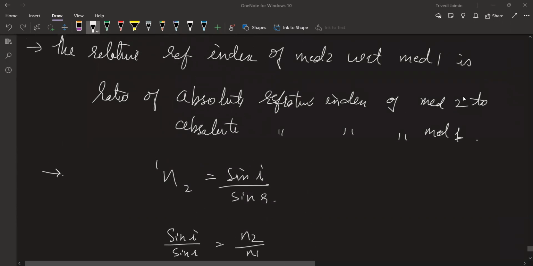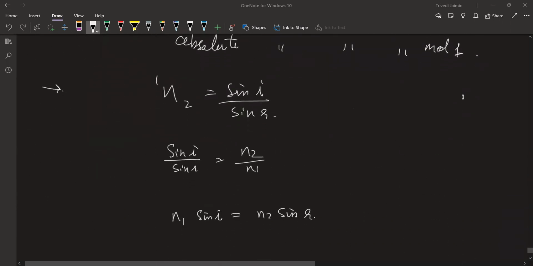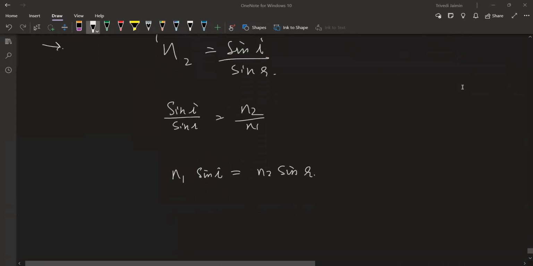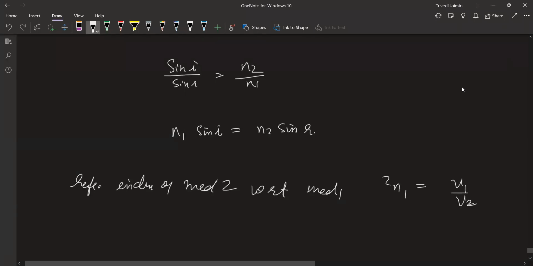So what were we writing? N1 sin I by sin R. So we wrote N1 sin I equals N2 sin R. So that means what? Refractive index of medium 2 with respect to medium 1 will be given as V1 by V2.